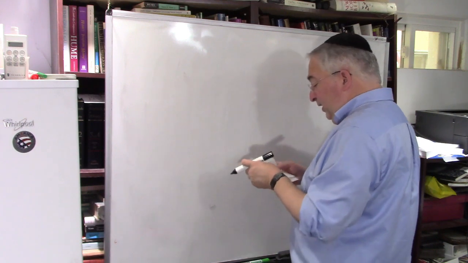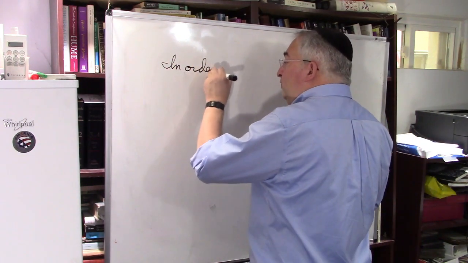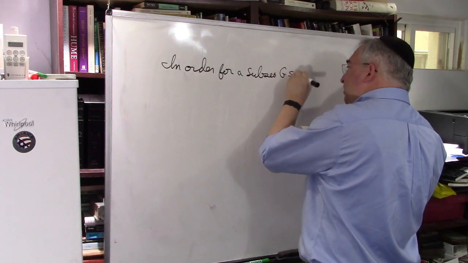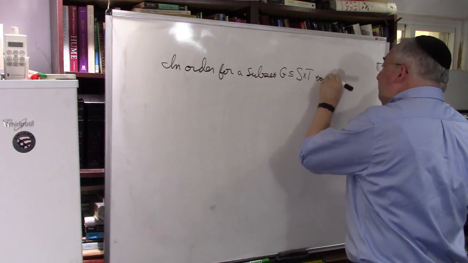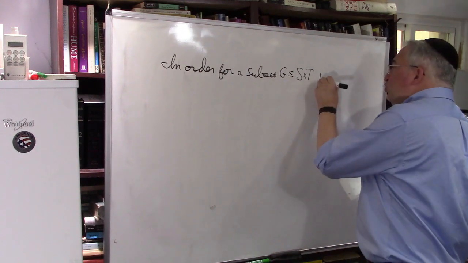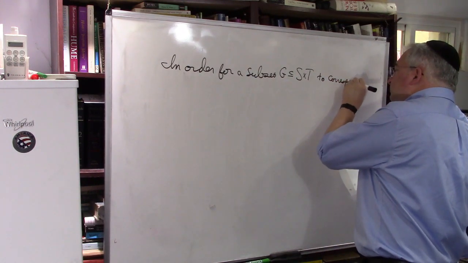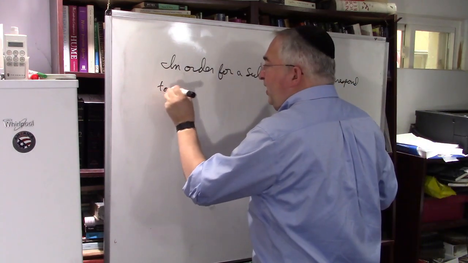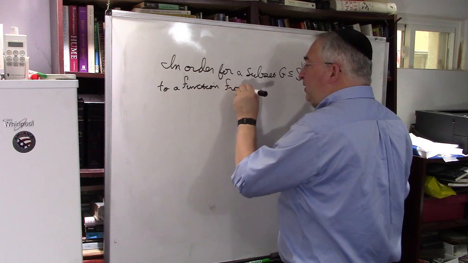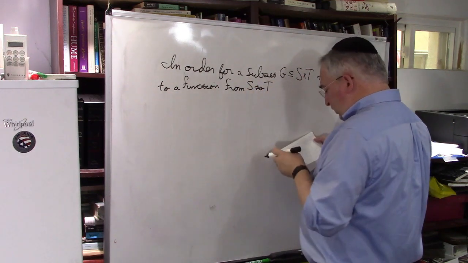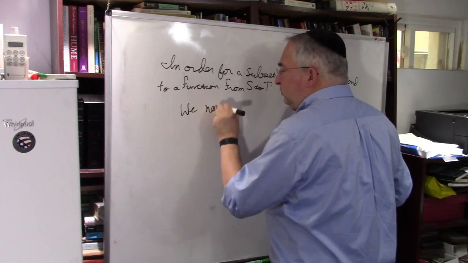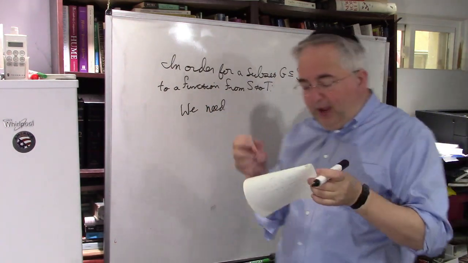So, in order for a subset G, subset of S cross T, to correspond to a function from S to T, we need, okay, I really want you to get this concept of a graph down pat, so that's why we're doing this.